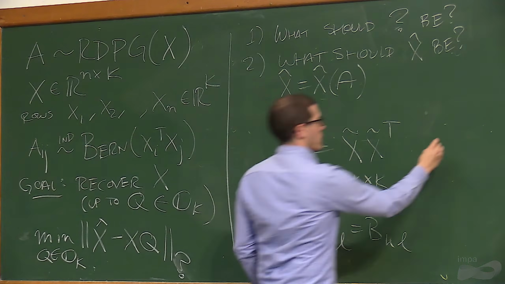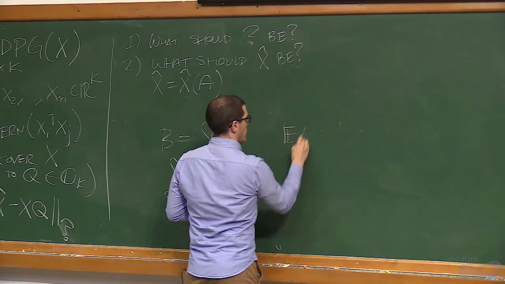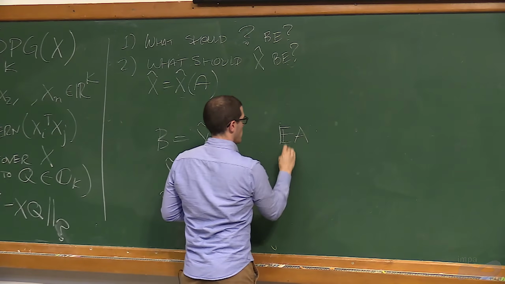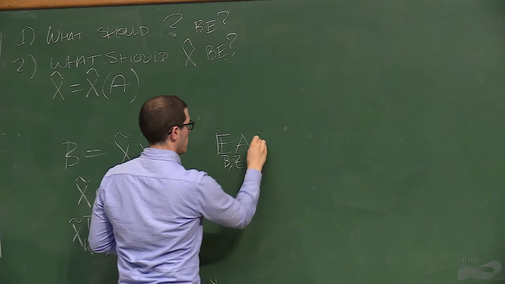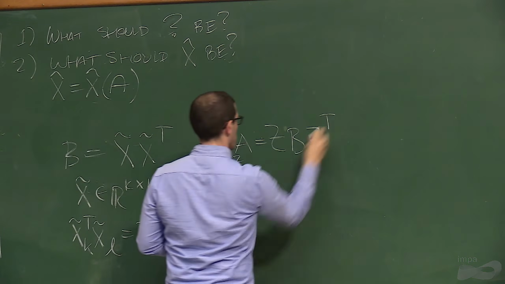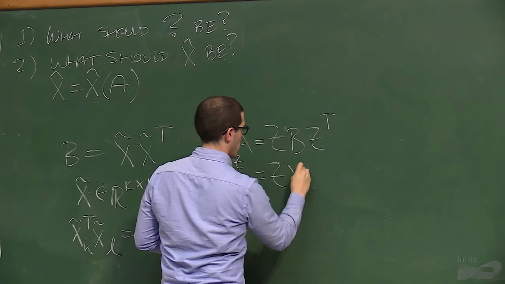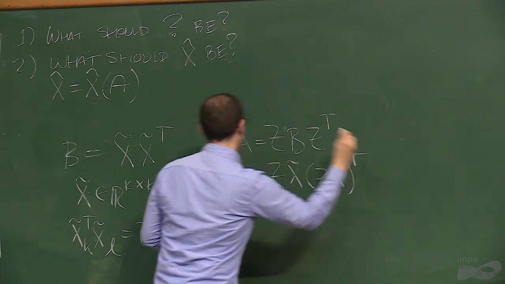And then remember that under the vanilla stochastic block model, the expected value of A equals Z B Z transpose.